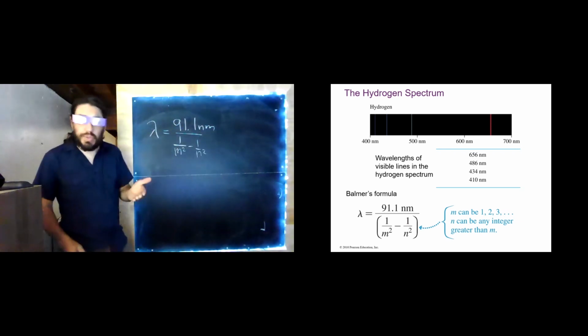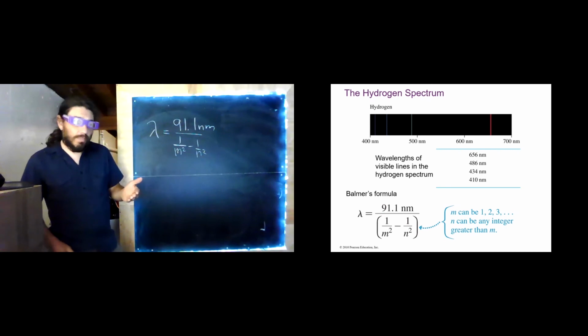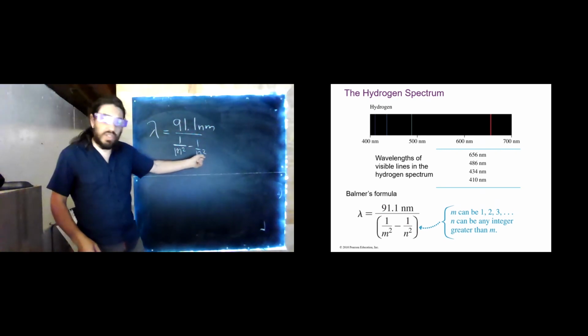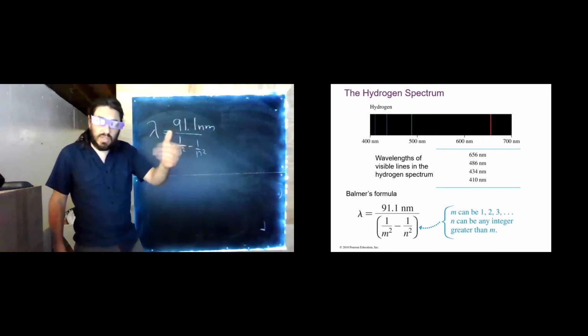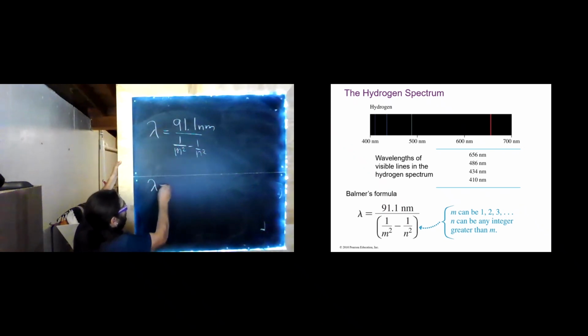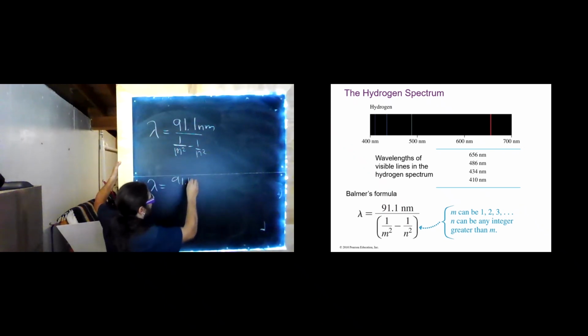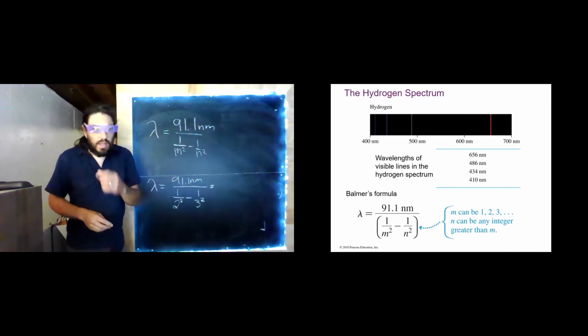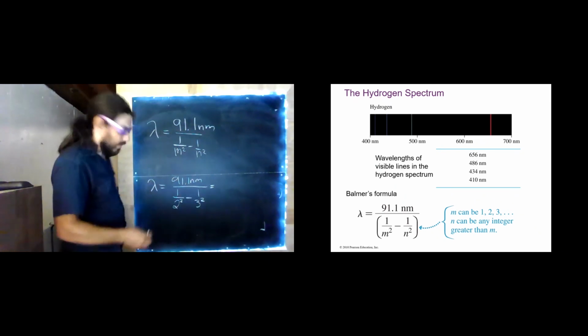In order to produce this spectrum, he noticed that if you plug in 2 here, and then something bigger than 2 here, you'll get these 4 lines. For example, if we were to plug in this, then we would get 656 nanometers.